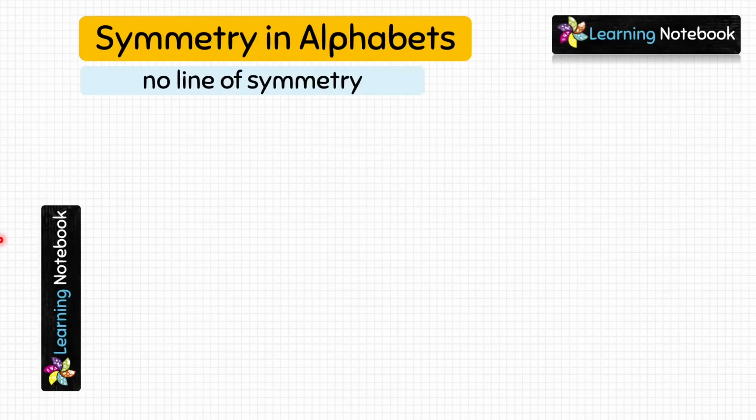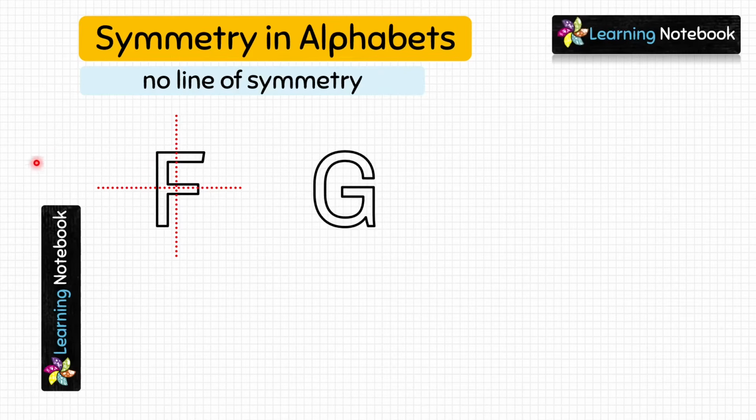Now, which are the alphabets which have no line of symmetry? Let's see. F. Students, F has no line of symmetry because either we draw horizontal or vertical line, we cannot divide F in two equal halves.